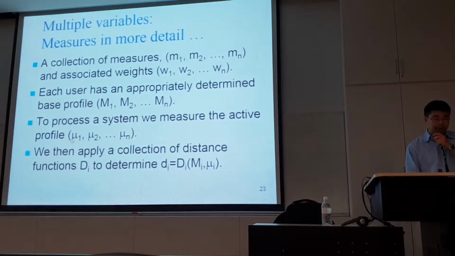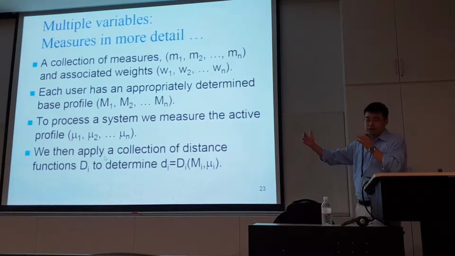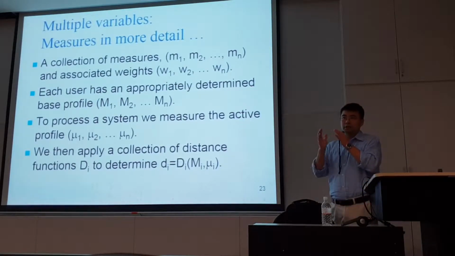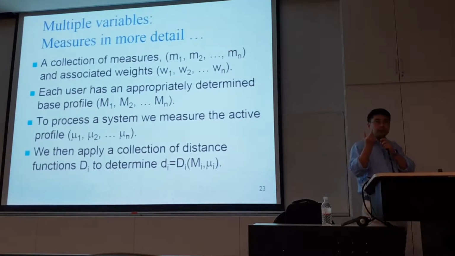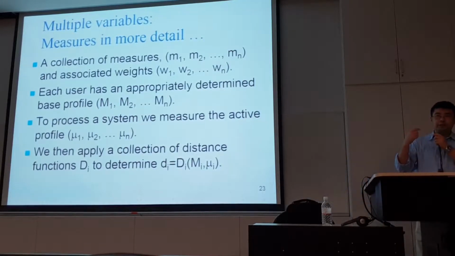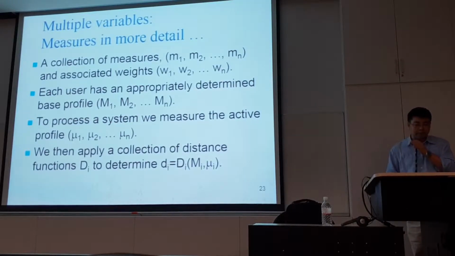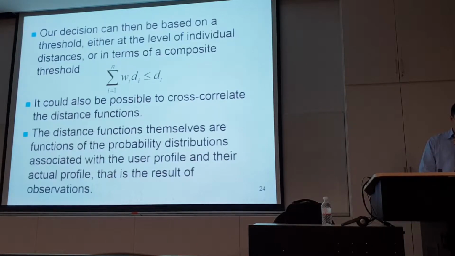What is the distance between the active profile and the base profile? If the distance is too far, then you can raise an alarm. If the distance is close, then you don't raise an alarm, right? So you can define a threshold. If the distance is beyond the threshold, you raise an alarm. If it's within the threshold, you don't. So that's the idea, right?